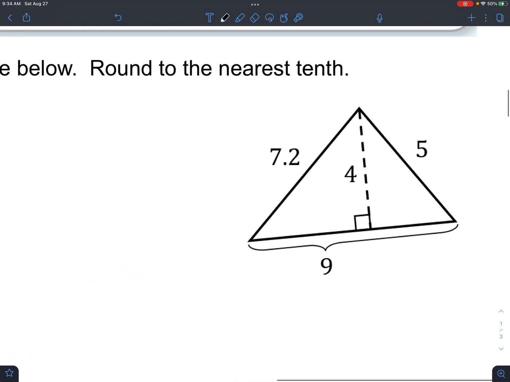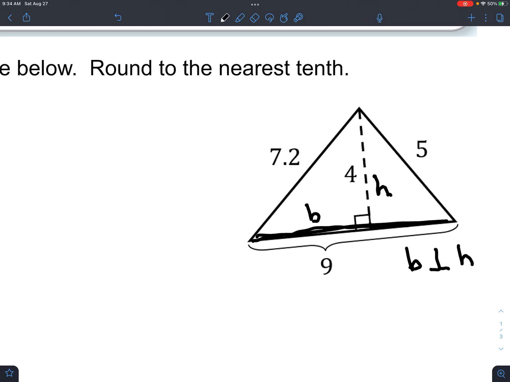Let's do this one next. So whenever you see a dotted line or a line through the middle or along the side, that's going to be your height. And this must be our base then, because the base is perpendicular to the height, meaning that it makes a right angle.